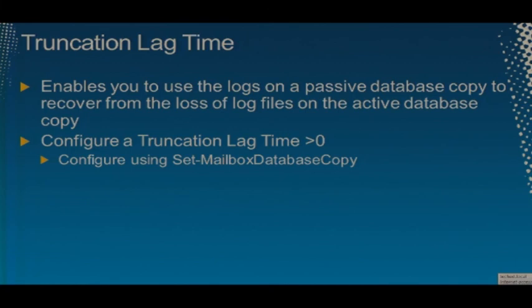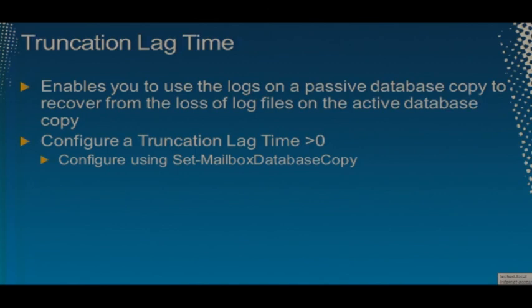If you have some sort of failure affecting the log stream on the active copy, and now the active copy fails and goes down, and the passive copy is activated, becomes the new active copy, and you want to get that active copy back up as quickly as possible, if it's only missing log files, you can copy those log files over from the passive copy that has a truncation lag time greater than 0. Provided you're in that same time window, you can still get those log files from the passive copy.